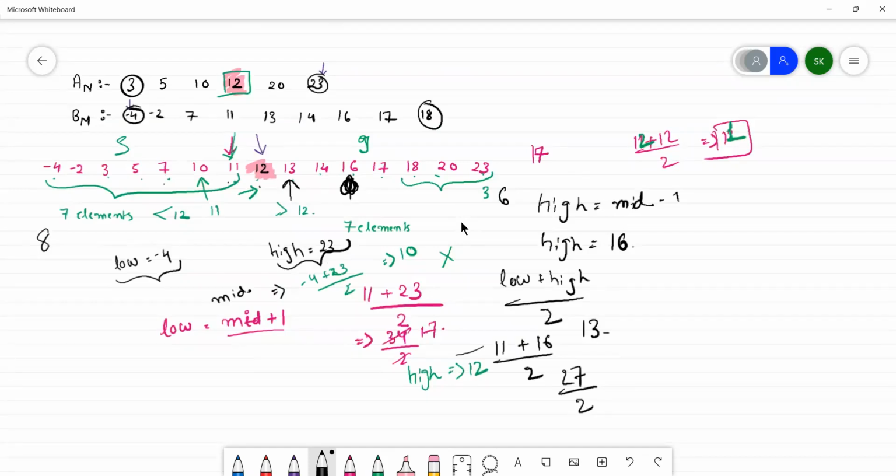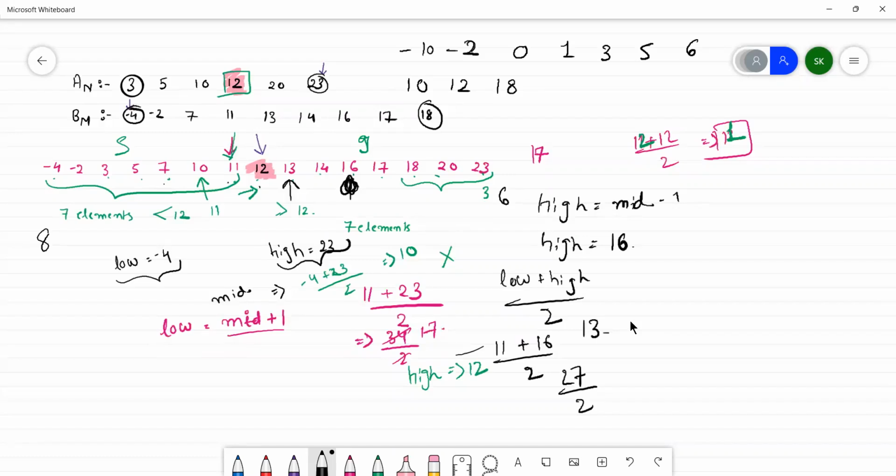I'm giving it as: what will be the middle value when you are merging the two arrays? Just see the two arrays that I have written and tell me the answer.